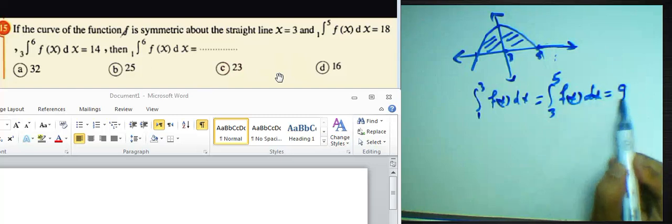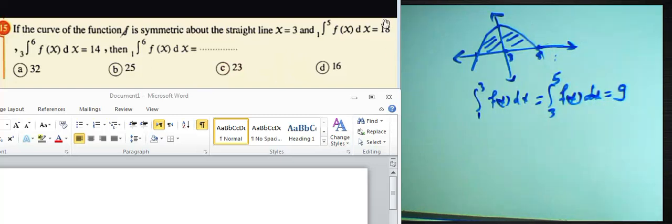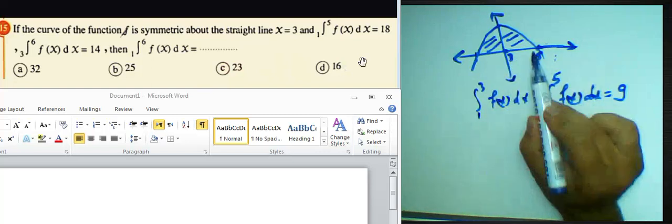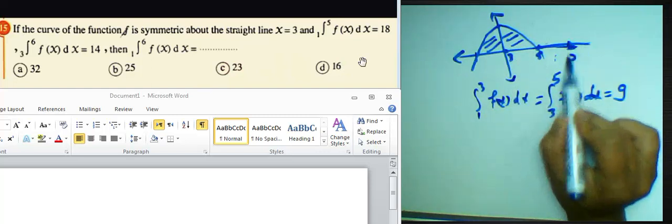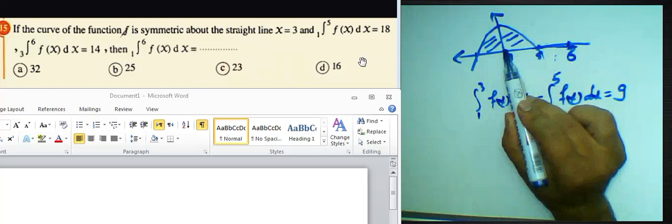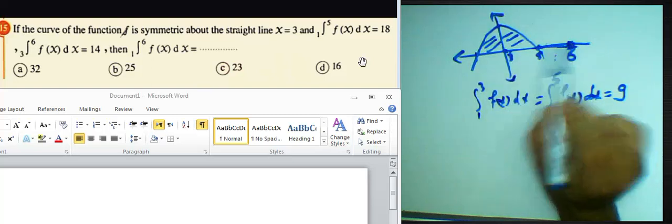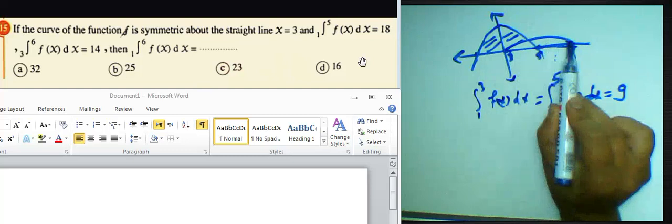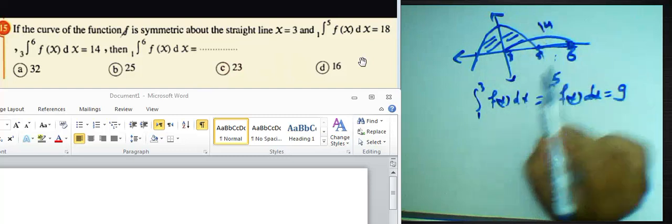It will be 9, because 18 divided by 2 equals 9. And the integration from 3 to 6 equals 14, this part here.